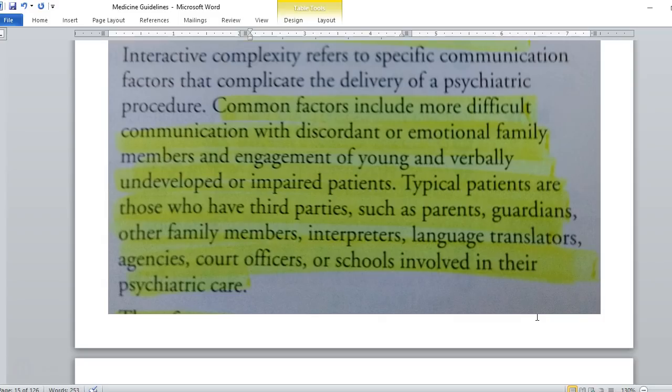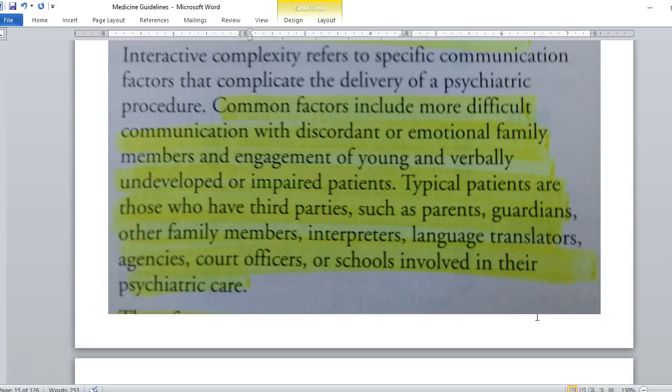Common factors include more difficult communication with discordant or emotional family members. So again, people that are severely upset or refuse to talk. Engagement of young and verbally undeveloped or impaired patients. So again, young children, anyone with special needs, people who don't have the verbal ability to get that information out.